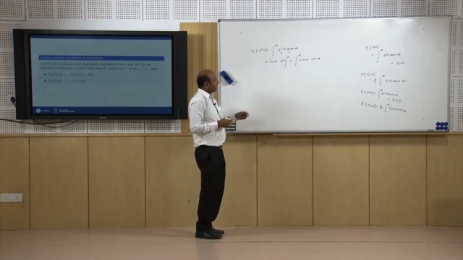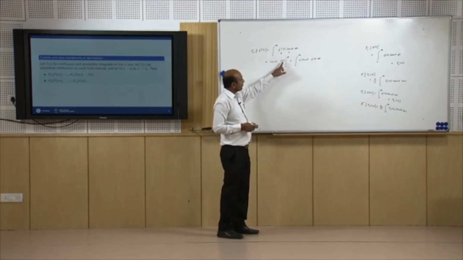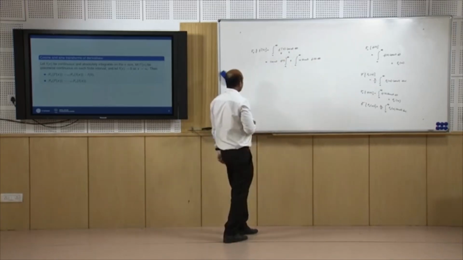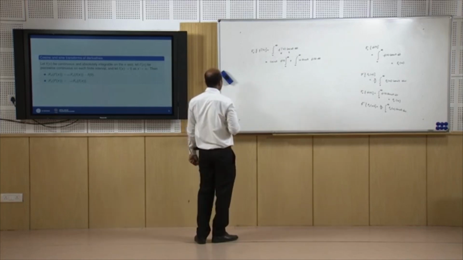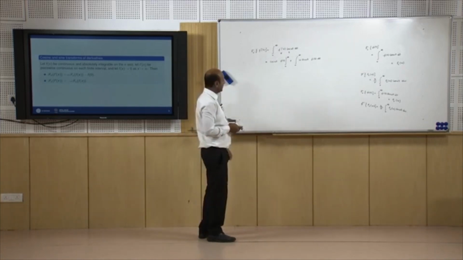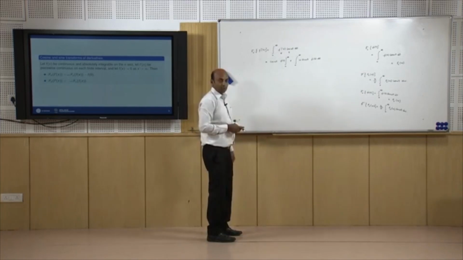Now, when you take the upper limit, we have assumed that as t tends to infinity, f tends to 0.